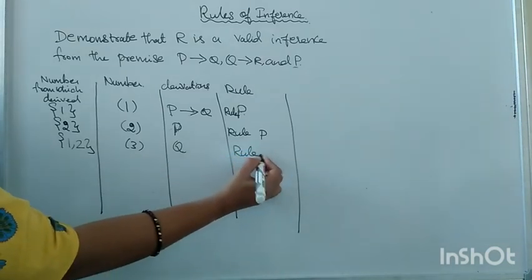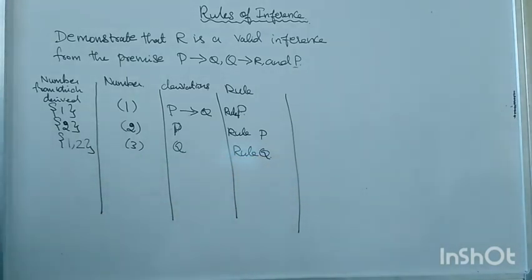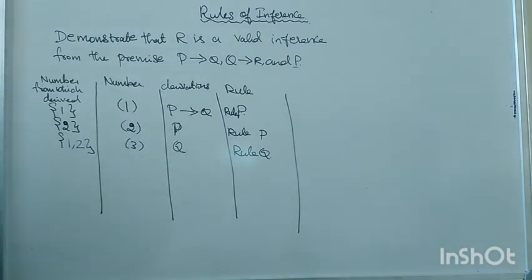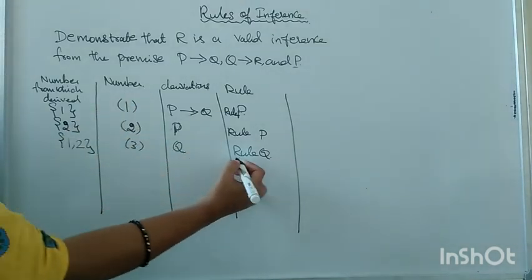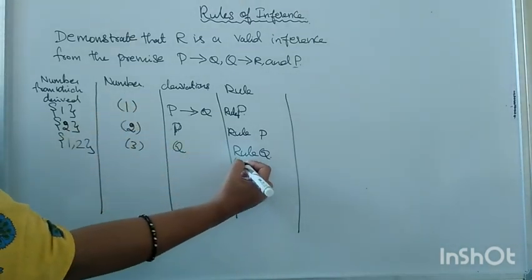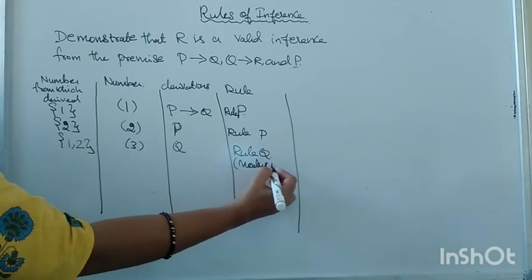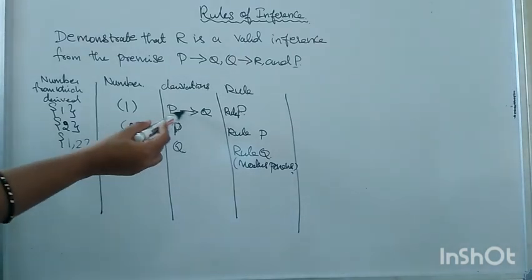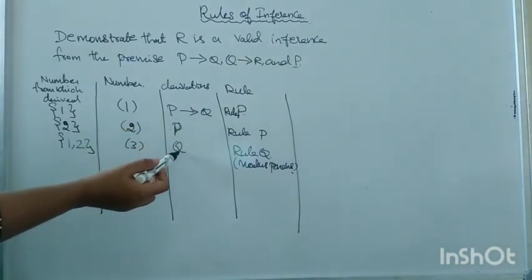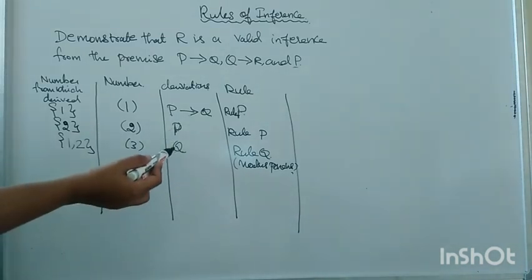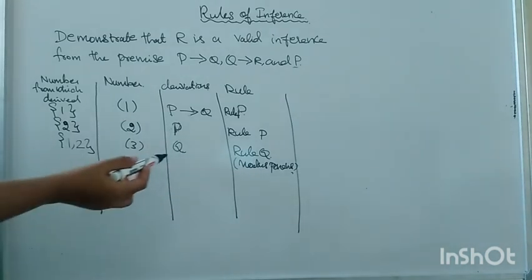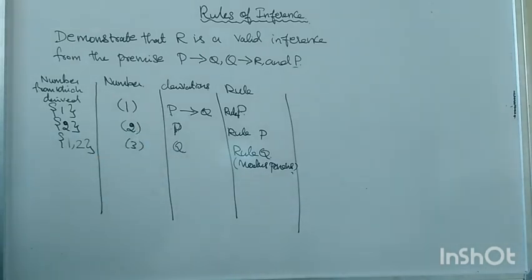Here the rule is the rule T. How have we written Q here? We have already seen modus ponens. According to modus ponens, P and P implies Q tautologically implies the statement formula Q. So as per that implication, we have concluded Q here.